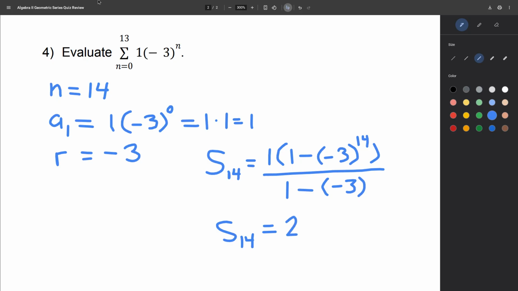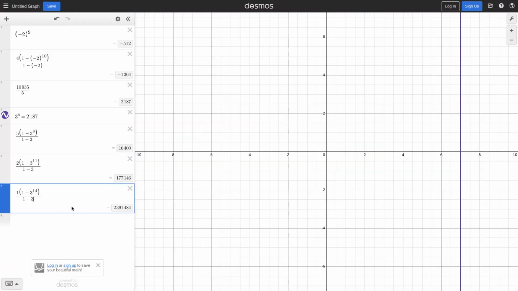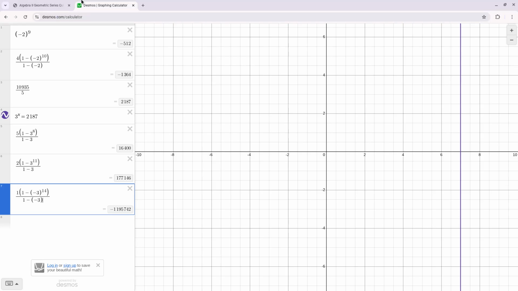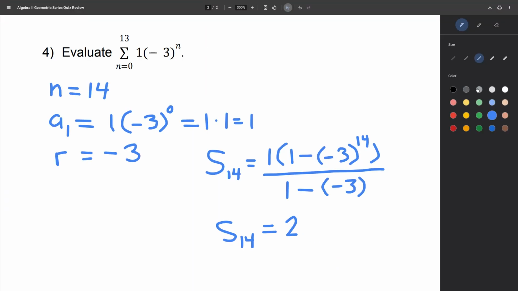Let me just make sure I put that in there correctly. Whoops, I did not. So it's negative 3, not 3. Sorry. So now the solution is negative 1,195,742. Yeah, you got to catch yourself there.